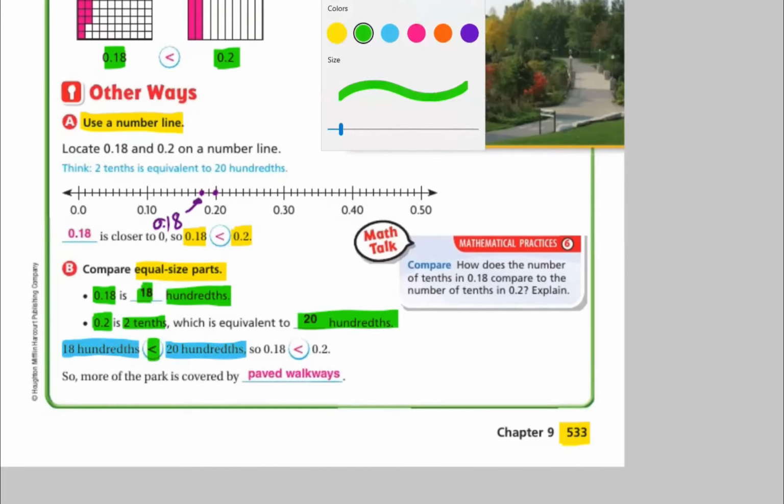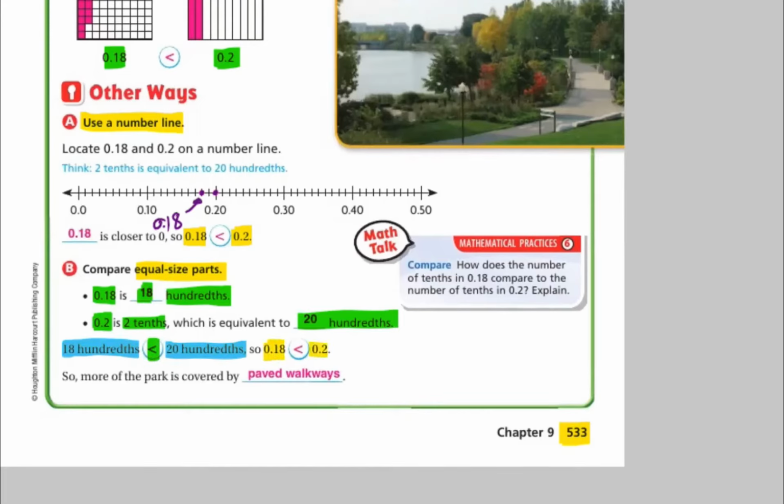So we can say also 0.18 is less than 0.2. So we have different ways of comparing decimals. Let's write this and then we're going to move to the next page.